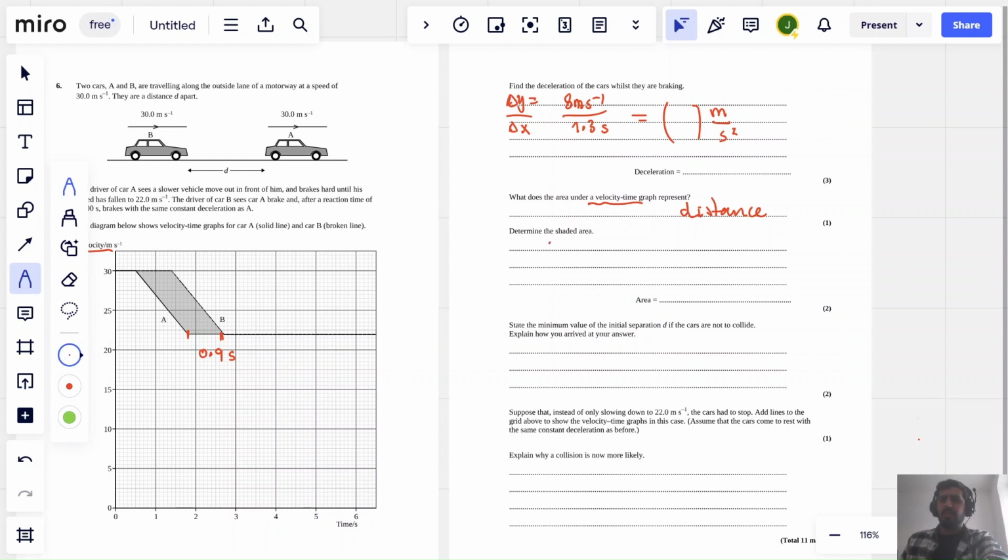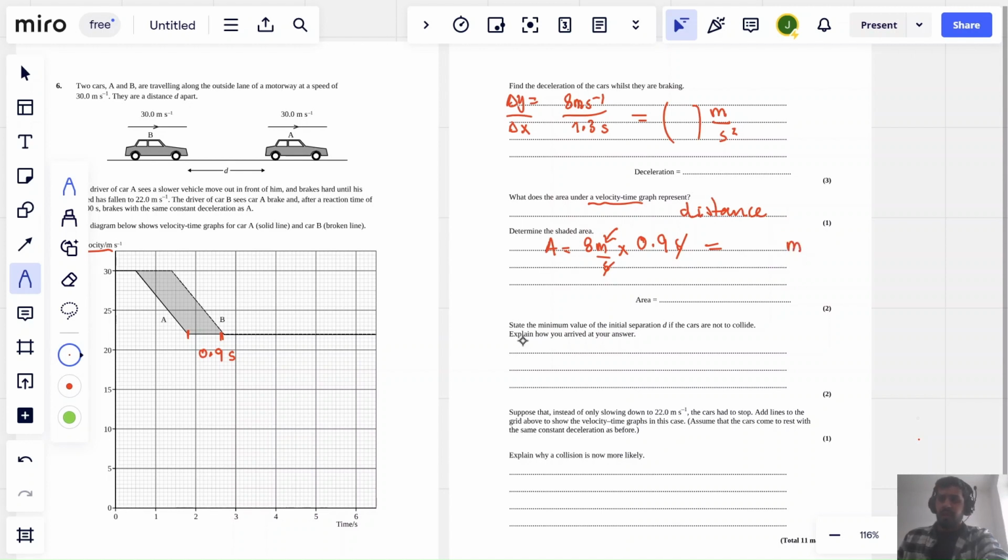So area will be 8 meters per second times 0.9 seconds. You will see that seconds will get cancelled with seconds, and you will get the correct units for distance, which are meters. So 8 times 0.9, it would be about 7 point something, and you will get the units of meters in the end.